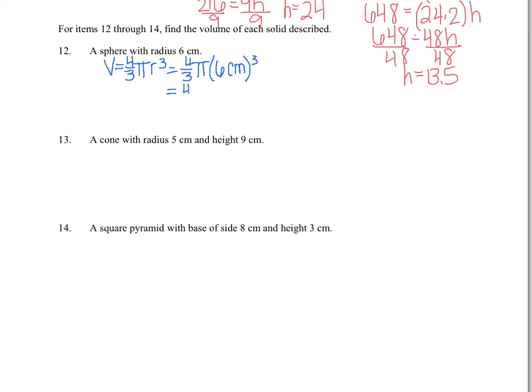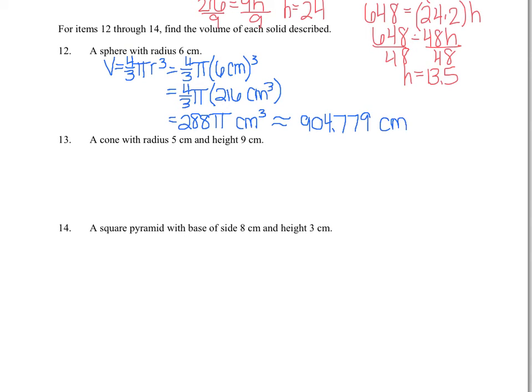This is going to give me 4/3 pi times 6 cubed, which is 216 centimeters cubed. 216 times 4/3 is 288 pi centimeters cubed, which is also approximately 904.779 centimeters cubed.